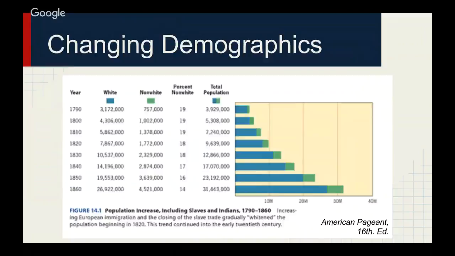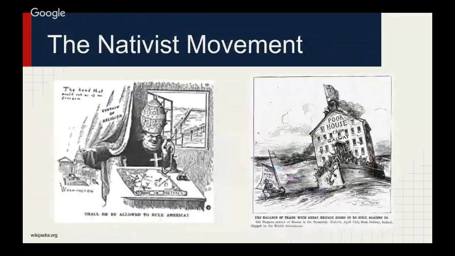Now, one of the ways that the population was growing was through an influx of immigrants. And by the mid 19th century, most of those immigrants were coming from two places in the world, Ireland and Germany. And we talked way back at the beginning of the course about how the Columbian Exchange is actually going to drive this portion of the immigration.